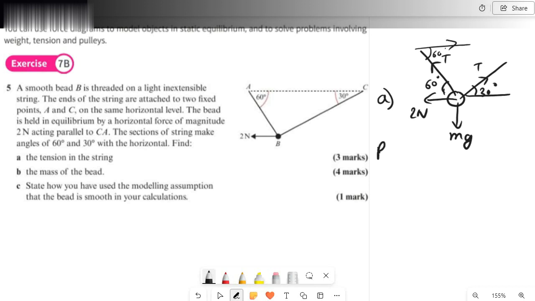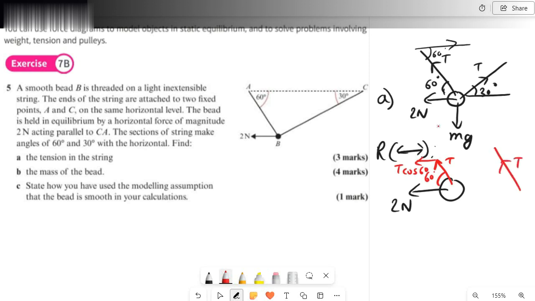Now we can resolve horizontally, and towards the left we can see that there should be a force of 2 newtons to the left. Similarly, due to the component of tension, which is at an angle of 60 degrees, this should be T cos 60, because as we know, if this is tension and this is the angle theta, then the horizontal component should be T cos 60 or T cos theta, and the vertical component should be T sin theta or T sin 60.